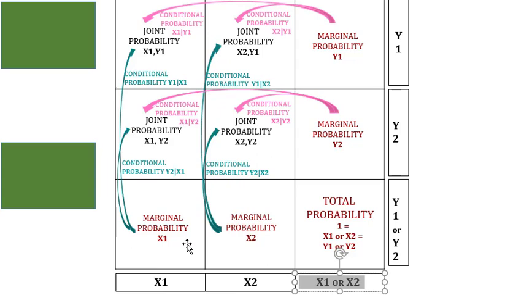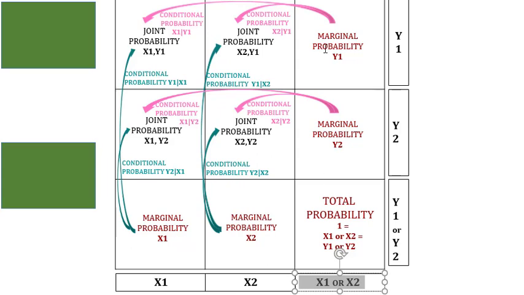So if they're mutually exclusive events, then their joint probability is 0. So the probability of x1 or x2 equals the probability of x1 plus the probability of x2, and we don't have to subtract the joint probability because the joint probability of these two events is 0.